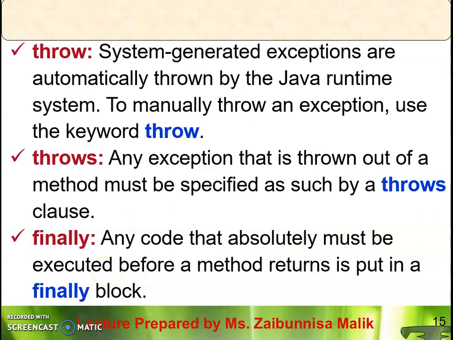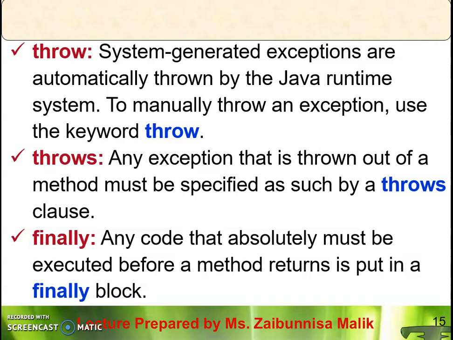For example, a try block is there where the exception is monitored. Catch will catch that exception. Throw is what? System generated exceptions are automatically thrown by Java. If we want to do it manually, then we have to use throw, and throws is for functions. So inside the function, if an error can come, then at that time we write throws.